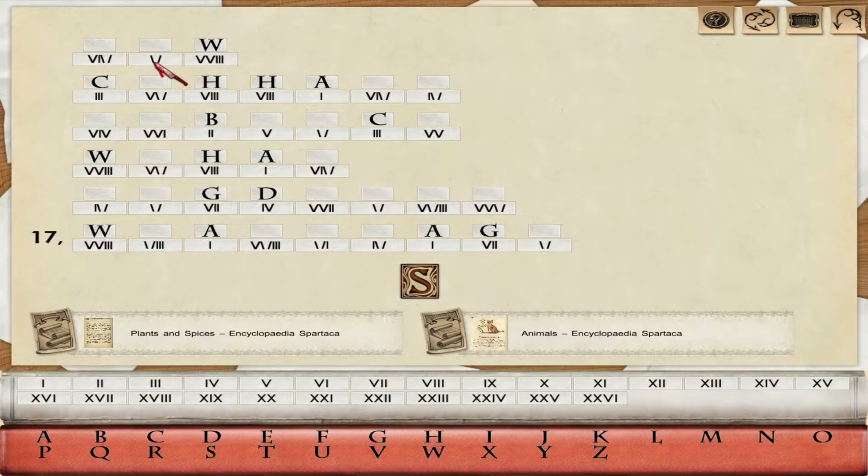But if this is 5, why would we have 8 here without?